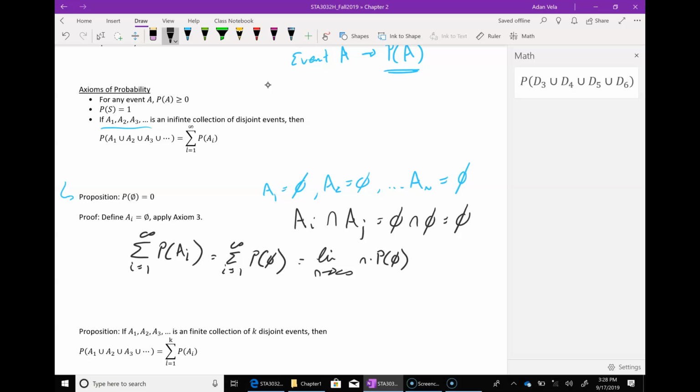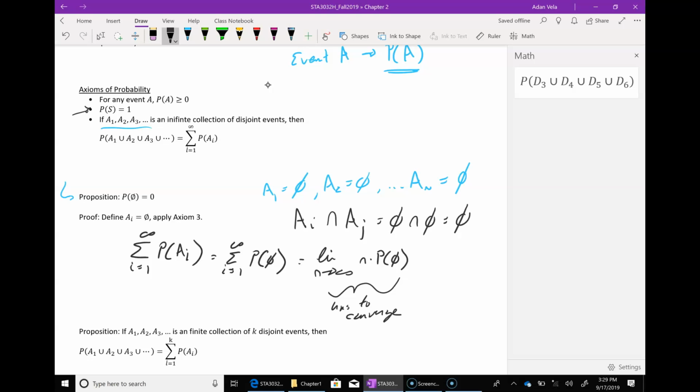So we know one other thing, which is our probability is effectively bounded above by 1. If you take the union of the null set, you know it's less than the whole sample space. And so what you know is that this has to converge.